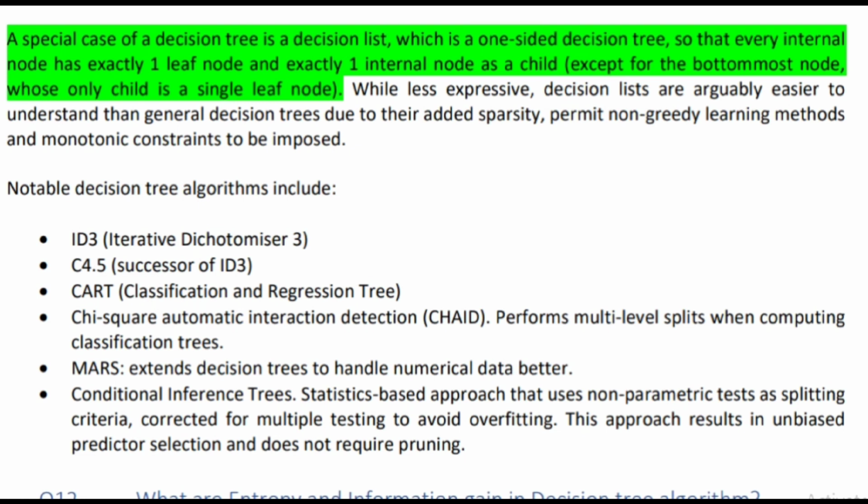ID3, iterative dichotomizer 3; C4.5, successor of ID3; CART, classification and regression tree; chi-square automatic interaction detection, CHAID, which performs multi-level splits when computing classification trees; MARS, which extends decision trees to handle numerical data better; and conditional inference trees, a statistics-based approach that uses non-parametric tests as splitting criteria, corrected for multiple testing to avoid overfitting.